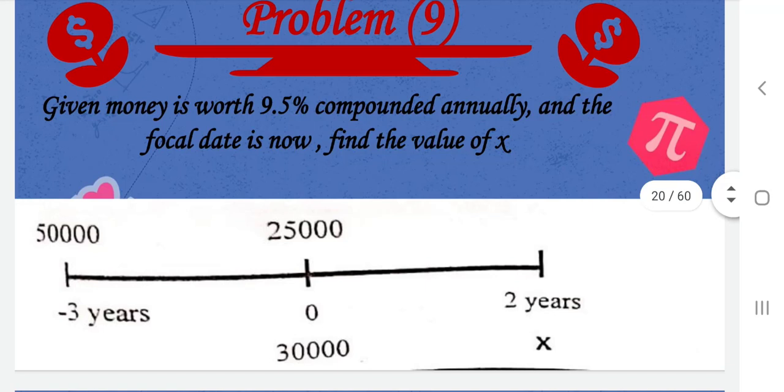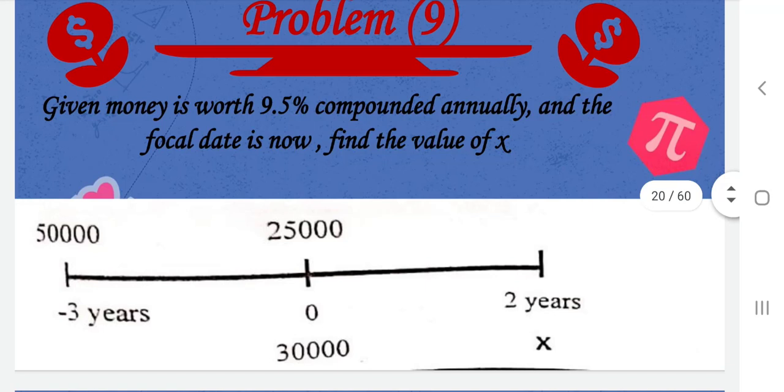Note that the nominal rate 9.5% compounded annually, so J equal 9.5% and I the same, and because of M equal 1 you can get N for obligations.